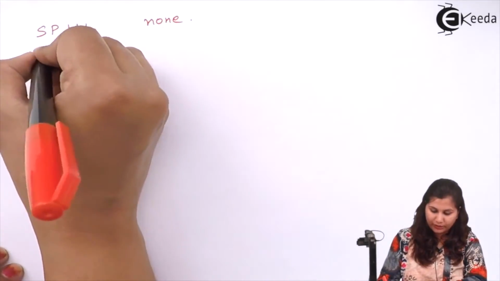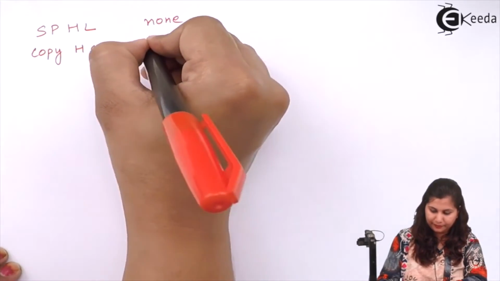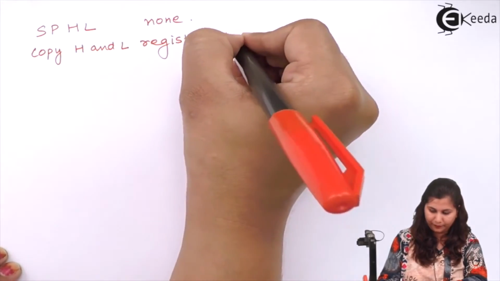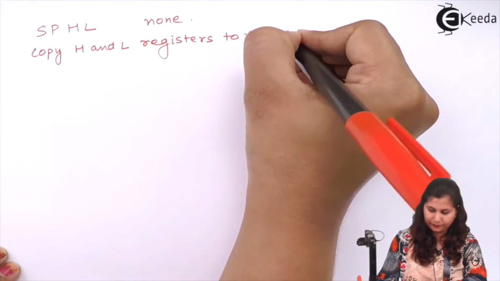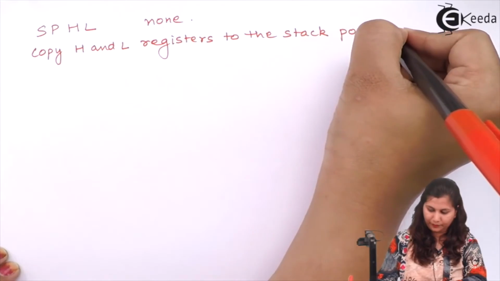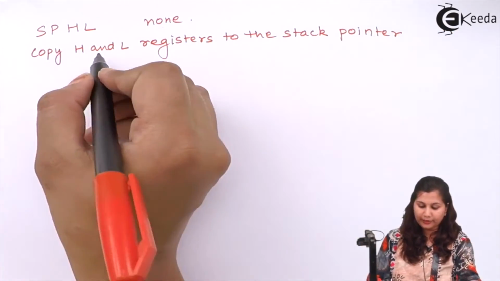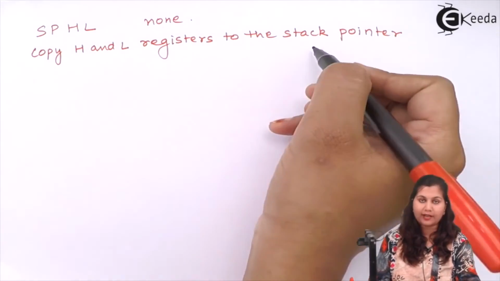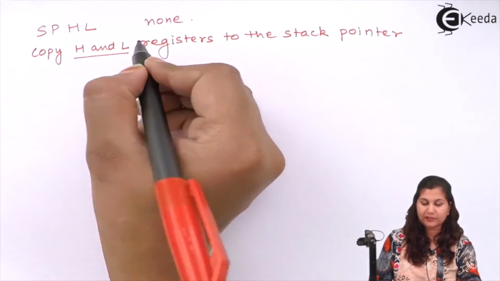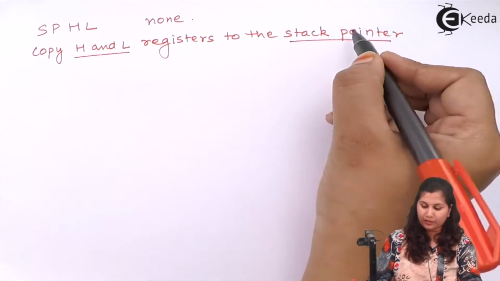So what it is doing is copying the H and L registers to the stack pointer. So the contents of this HL register pair are copied to the stack pointer. There is no operand. The operand is specified in the instruction itself, HL and the stack pointer.